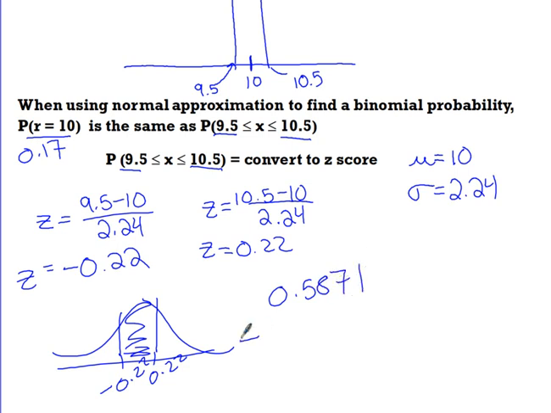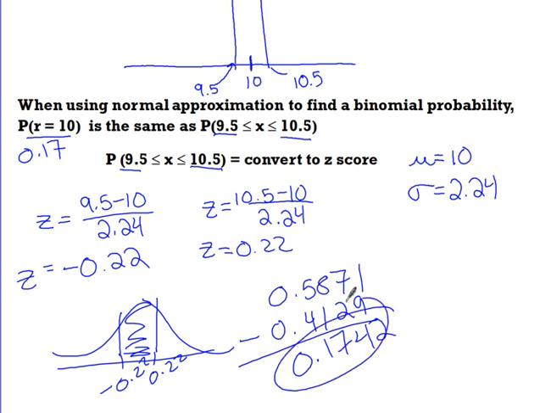And for negative 0.22, I get 0.4129. And because I want between, I'm going to end up subtracting those. Okay, and that gives me 0.1742, which is about what I got with running the formula.